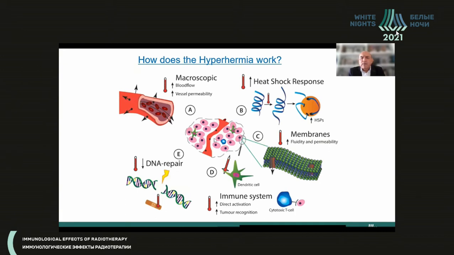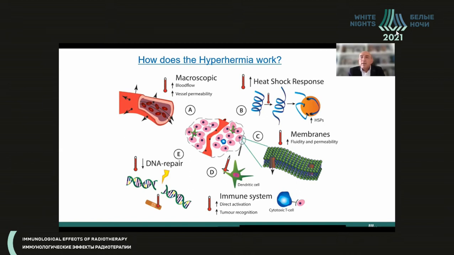There are different biological effects of local hyperthermia in the tumor, as described in this slide. First, where we see A, hyperthermia alters physiology of the centrally located tumor by affecting its vasculature. The increase of the blood flow and vessel permeability is enormous.